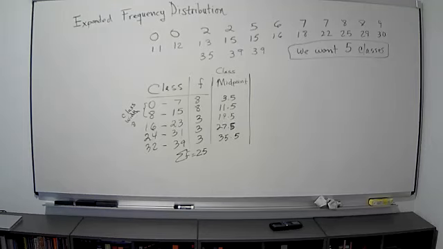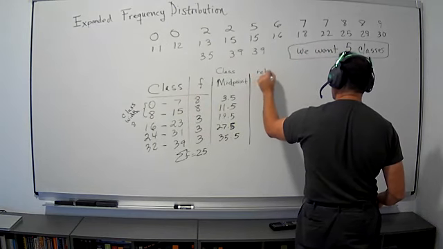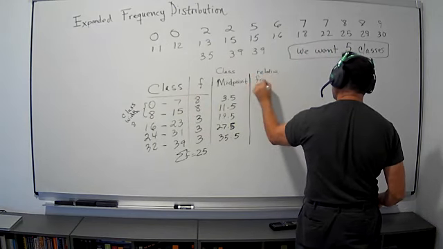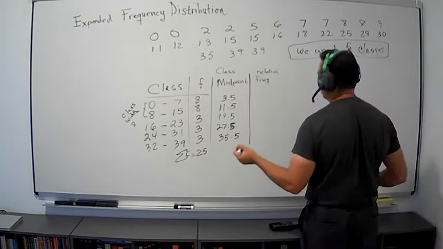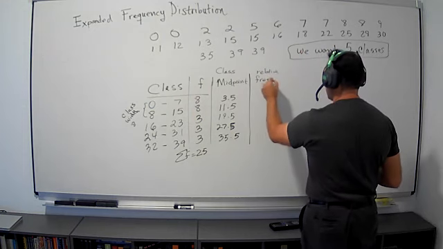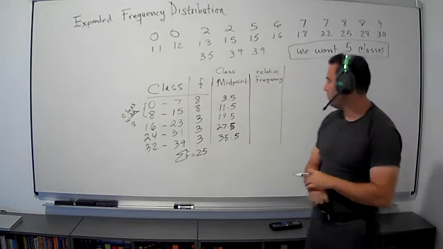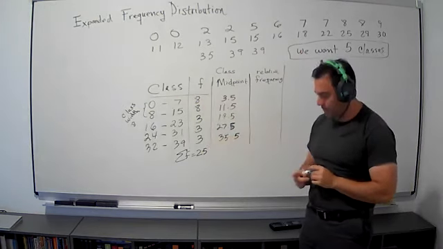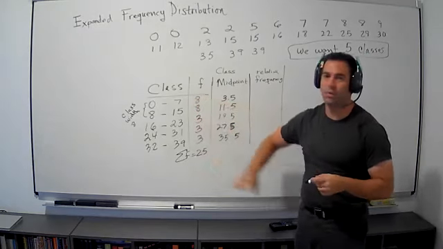All right, so after midpoint, we're going to talk about something referred to as relative frequency. So here we have relative frequency. Normally I'll just abbreviate it, relative freq, with a Q. Sometimes when you look at your frequency, it's kind of hard to compare a class to another one.